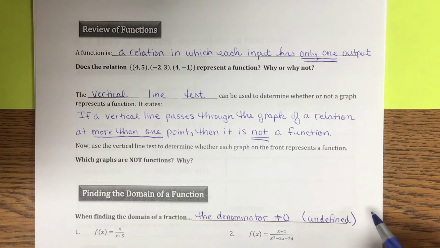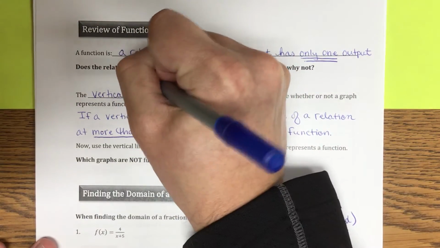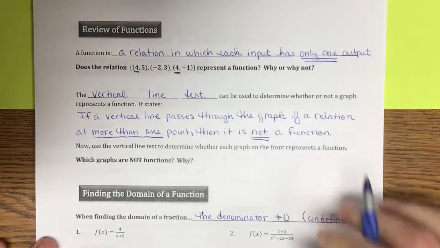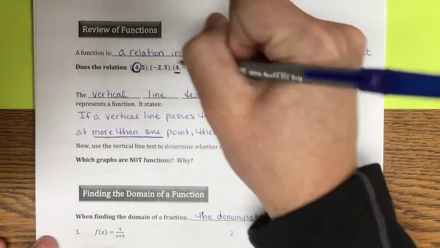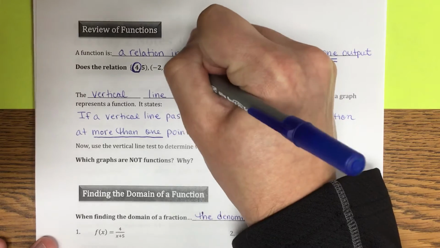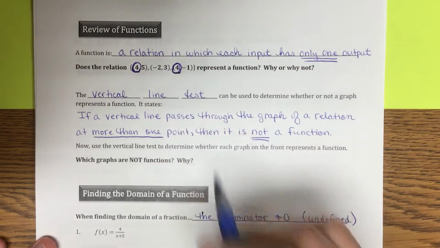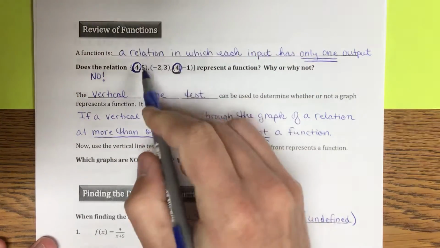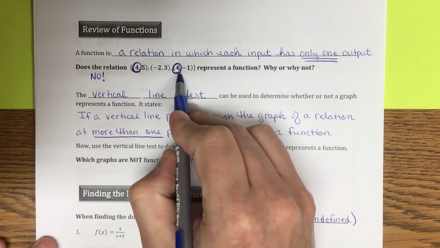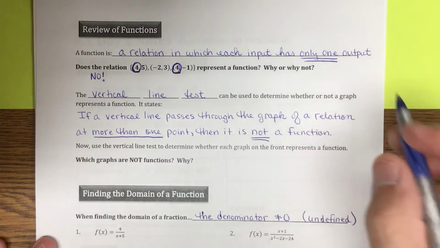And so basically, if you were given a set of points, you're looking at the x values. Okay, so if I highlight this 4 here and this 4 here, the reason why this is not a function is because 4 can correspond to 2 different outputs.